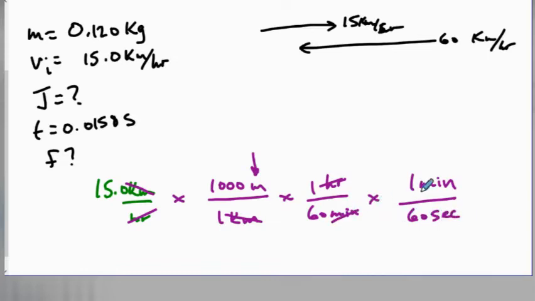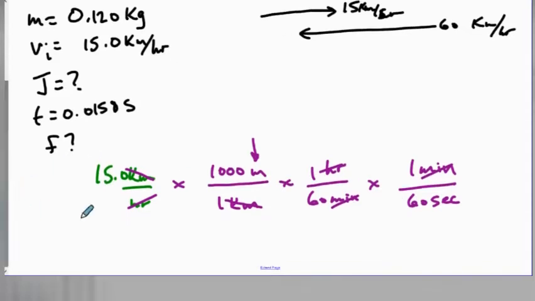So my minutes on top and my minutes on bottom will cancel. And what I'm left with here is 15 times 1,000 times 1 times 1. So that's 15,000 divided by 1 times 60 times 60. Watch your order of operations on your calculator. Make sure you do this correctly.